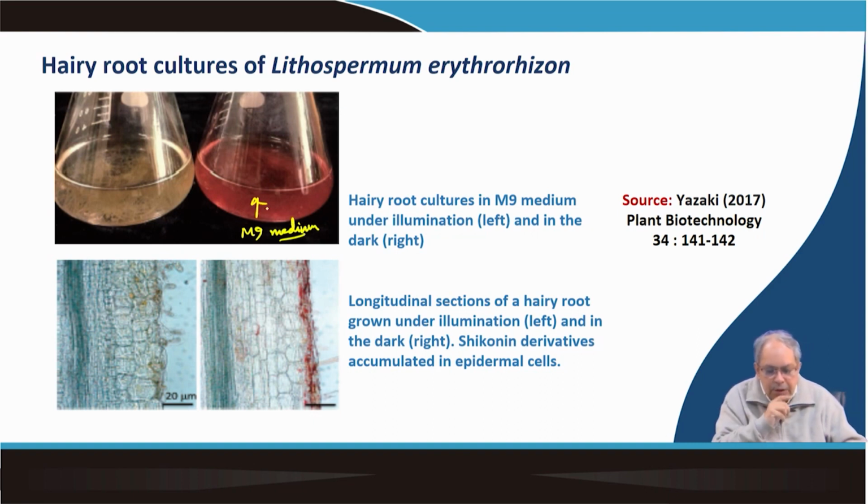You see the shikonin accumulates in the epidermal region. That is why there is red coloration here, but here there is no color. So, when shikonin starts accumulating, it accumulates in the epidermal cells.